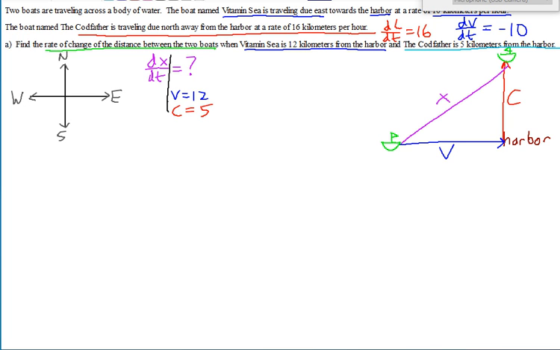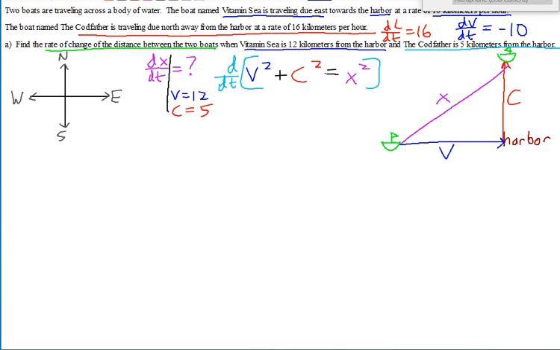All right, so now we need an equation. Unlike the other problem we did, this one, there's one equation we can use that would relate all three variables. In this case, you can see it's a right triangle. Let's look at the diagram there. So we can say v squared plus c squared equals x squared. And then take the derivative of that with respect to time to get our rates in there.